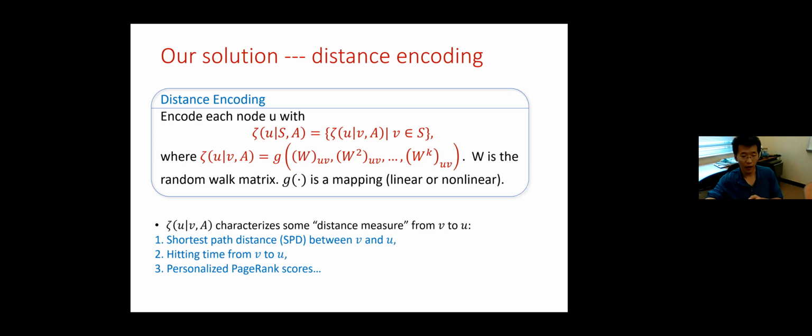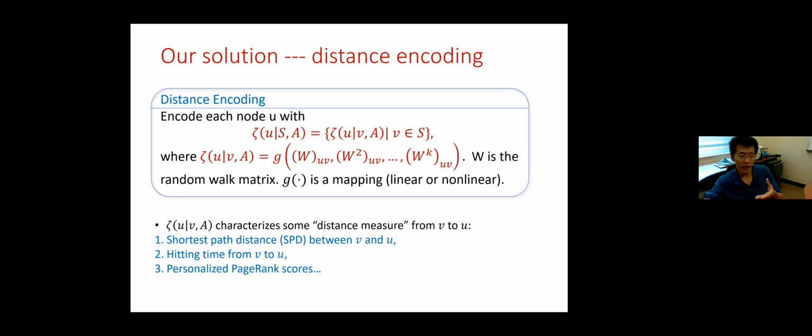Note that this may be a little bit complicated, but the intuition behind it is just to characterize some distance measure between the two nodes. This general definition covers many specific cases we use, based on different types of mapping g.